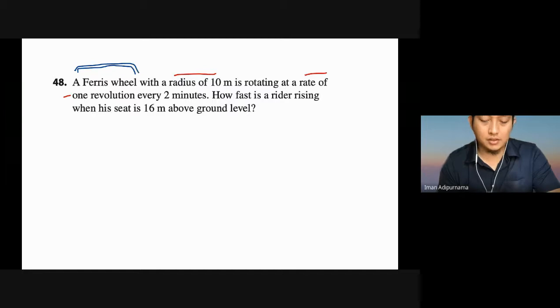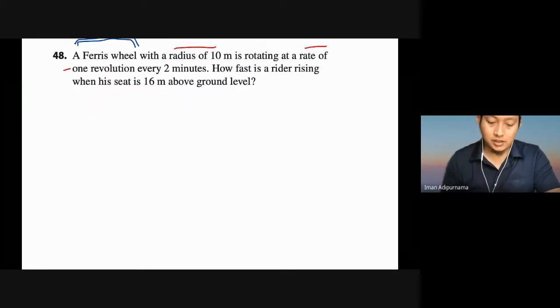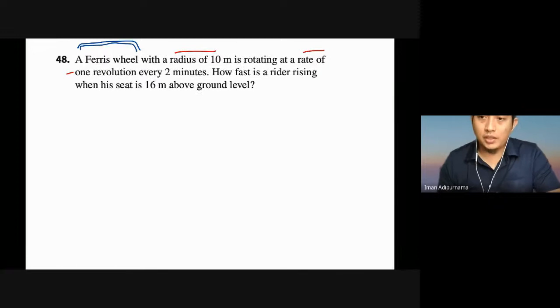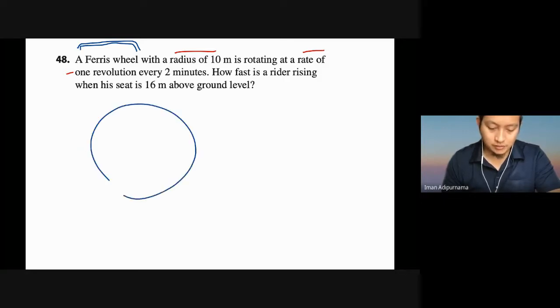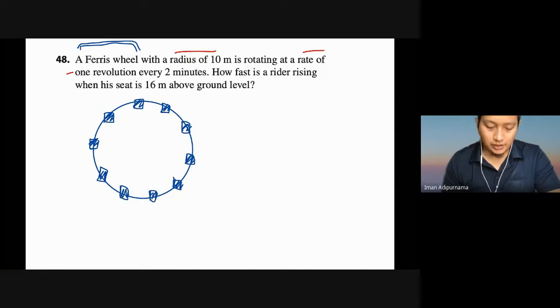If you don't know what a Ferris wheel is, it's like when you go to the amusement park, you will see, let me draw a circle like that, and this is rotating, right?